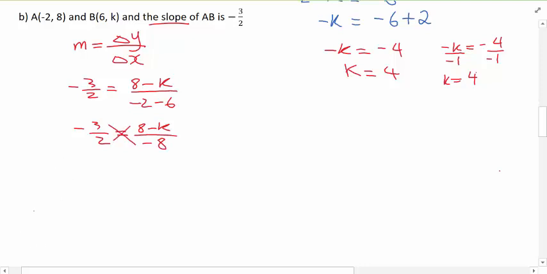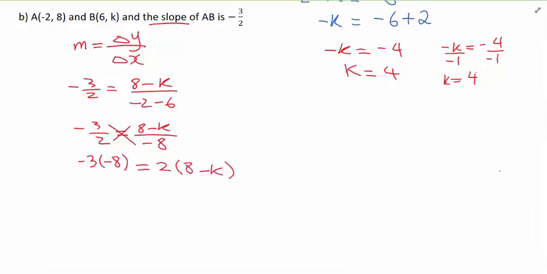You have to be careful where you take that negative, but you do take it to one of them. You either attach that negative to the 3 or the 2. So I'm going to attach it to the 3, so I get negative 3 times negative 8 is equal to 2 times 8 minus k.